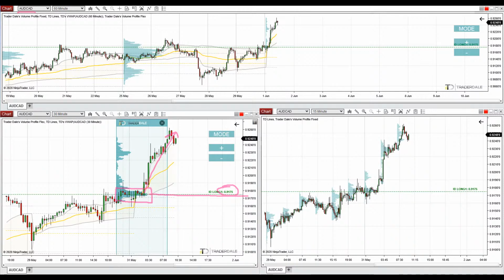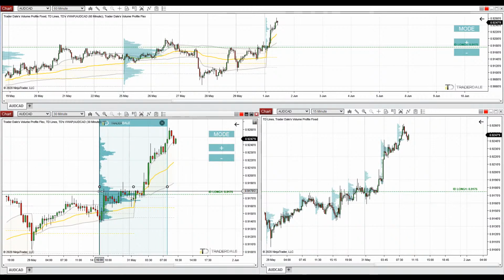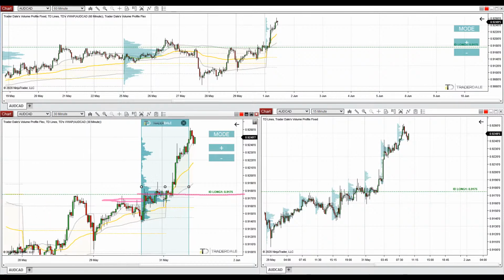Now there are sort of two rotations in here. This one, also in here, but if I use the flexible profile over the whole area, like this, it also shows heavy volumes in here. But I would prefer to trade from this level because there is also a confluence.